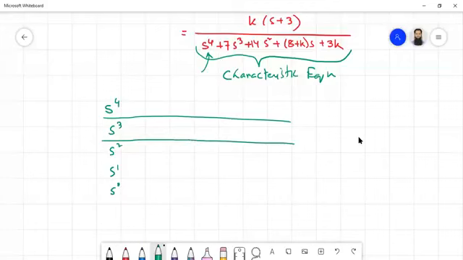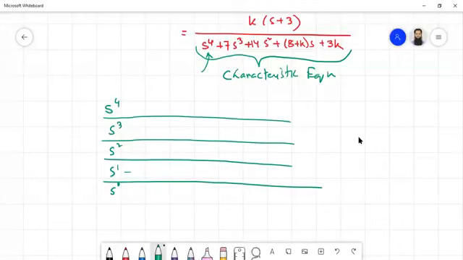Let us fill up the table. So the first one is 1. I think you already recall that we follow this zigzag pattern. So 1, 7, then 14, then 8 plus k, then you have 3k, and the rest of them are replaced by 0.